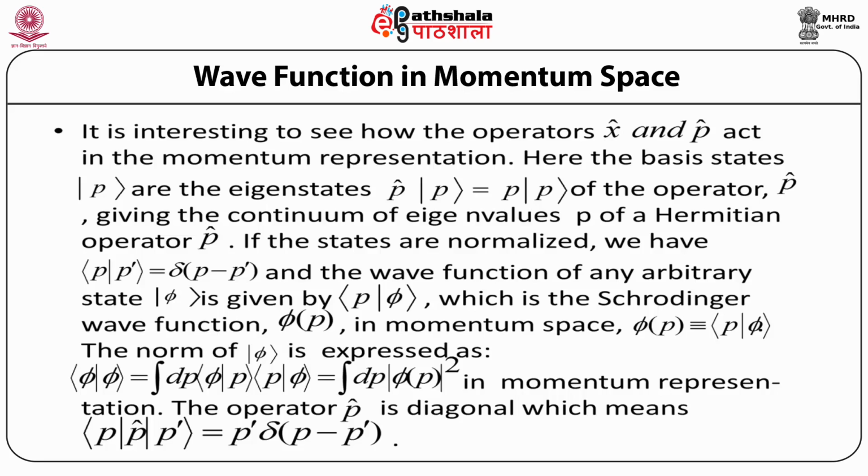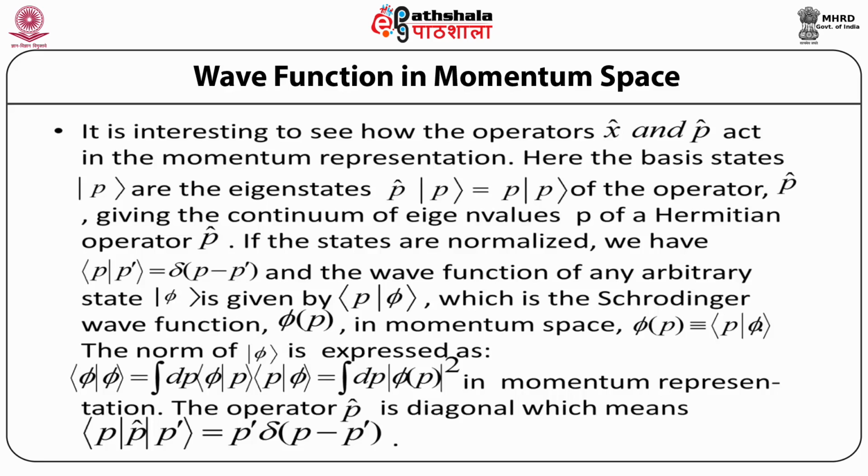If the states are normalized, then we have ⟨p|p′⟩ = δ(p − p′), and the wave function of any arbitrary state |φ⟩ is given by ⟨p|φ⟩, which is the Schrodinger wave function φ(p) in momentum space.